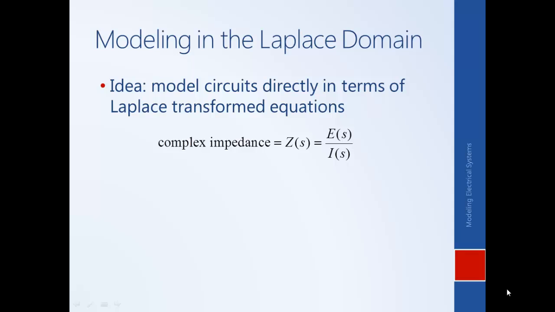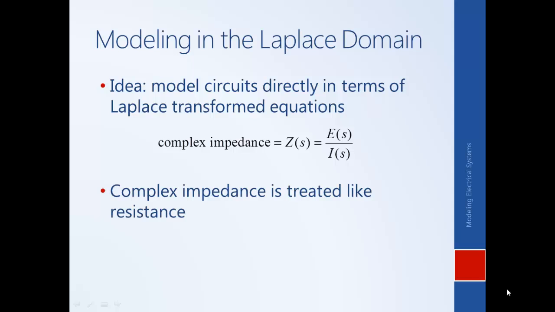The frequency dependence of this quantity won't make a lot of sense to us now, but it's something that we'll try and come back to later in the semester. In this analysis, we can treat complex impedances like we did resistances previously, and the reason that we can do that is the definition of impedance has a similar relationship to Ohm's law.